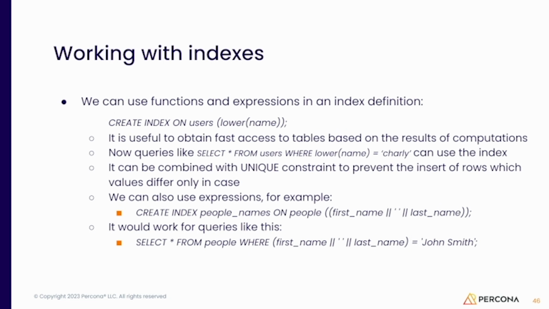We can use functions and expressions in our index definition. Remember the lower example, we can just create an index like this one. So every time the user does this select, select stuff from users where lower(name) equals Charlie, that index is going to be used because it's using the function. We can create indexes with expressions as well.